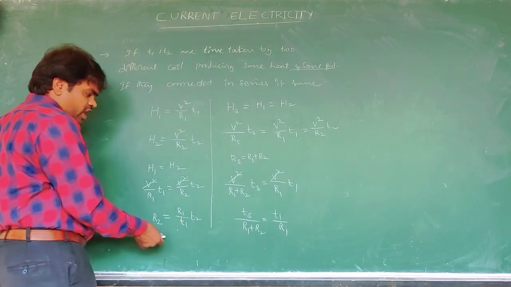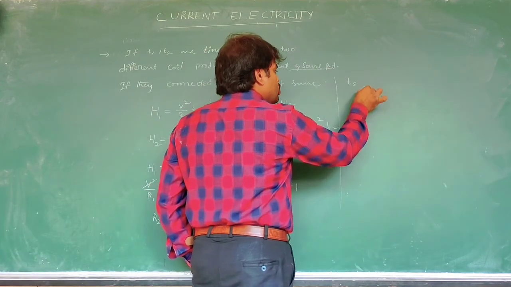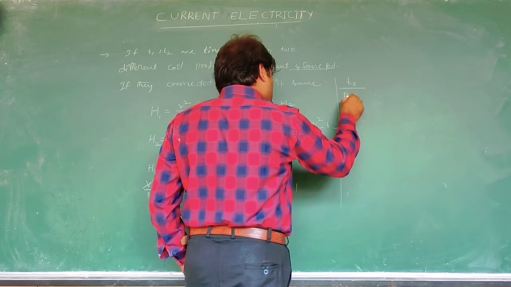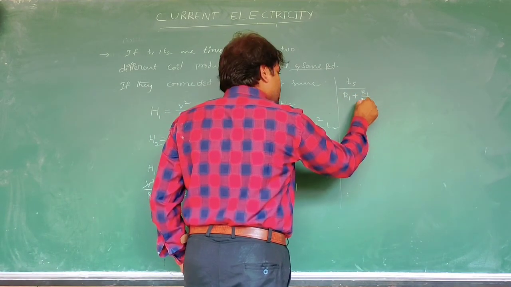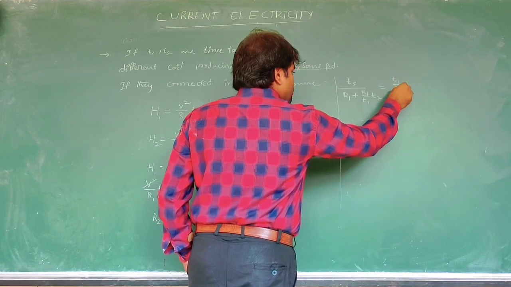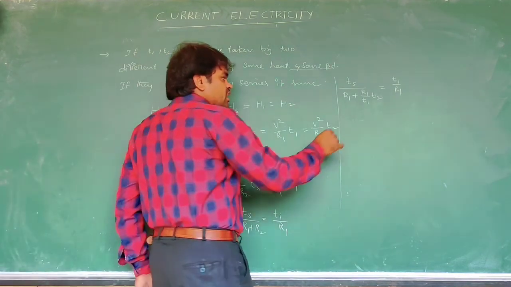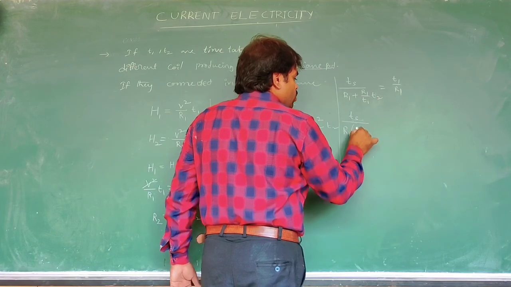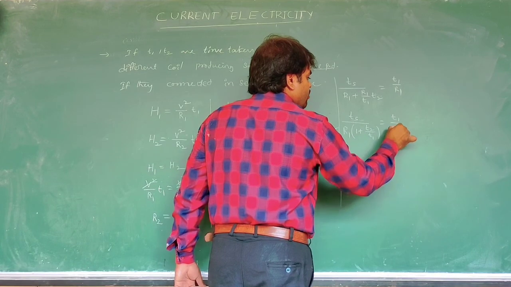Now we know the R2 value, so we substitute it. R1 plus R1 by T1 into T2, into TS, is equal to T1 by R1. Taking R1 common, we get 1 plus T2 by T1 into TS is equal to T1 by R1.